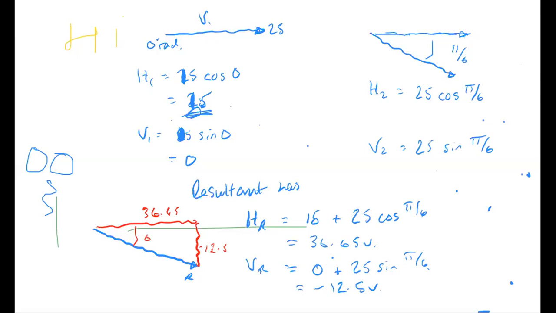We want this angle in here. We know these two sides. We don't know the full magnitude. So we've got an option to find this using the tangent, because the tan of that angle is the opposite over the adjacent.